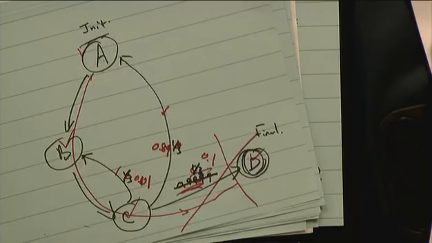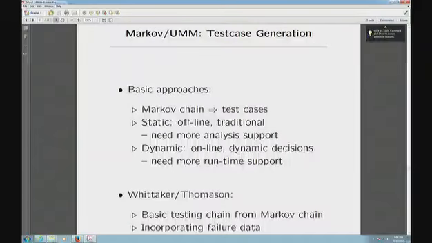Okay, and so the test case generation. This is interesting because with Markov chains we are not just talking about the complete operation. With MuSA, we assume that you have the operation and that's it.